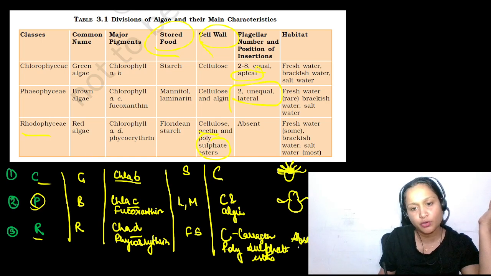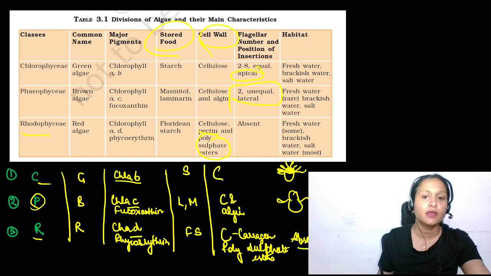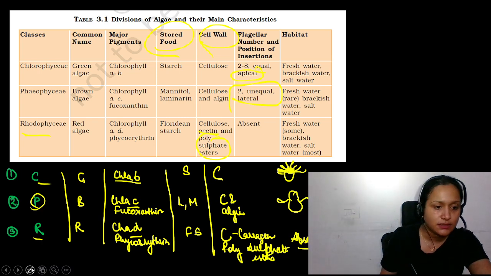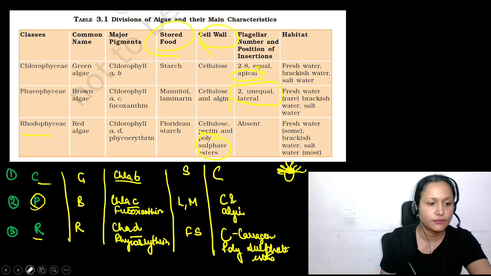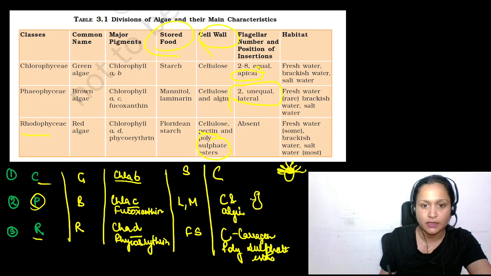Non-motile spores and non-motile gametes are found here. So pear shape, laterally attached in brown; here it is absent.